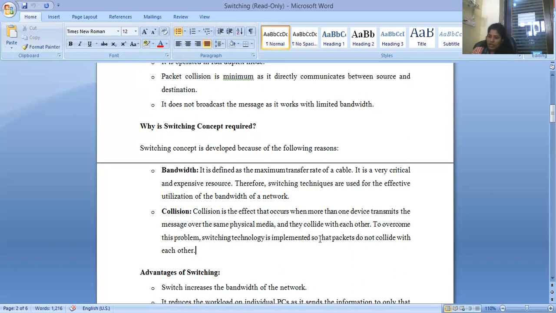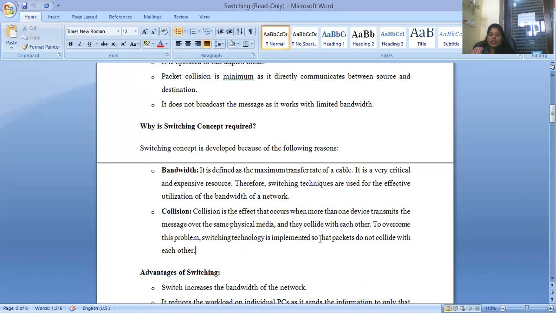It cannot transmit your data successfully, isn't it? So what will you do at that point? You try to choose another path to reach your data packets from source to destination. Then you are switching to another route, isn't it?